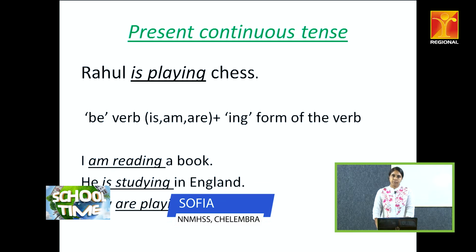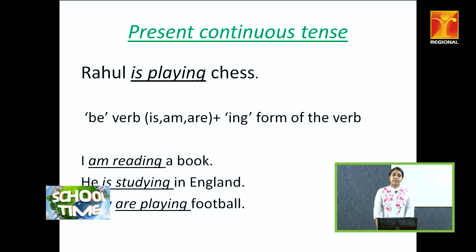He is reading a book. He is studying in England. Next one, they are playing football. They, the children, are playing football. That is happening at this moment. It is happening now. Okay.